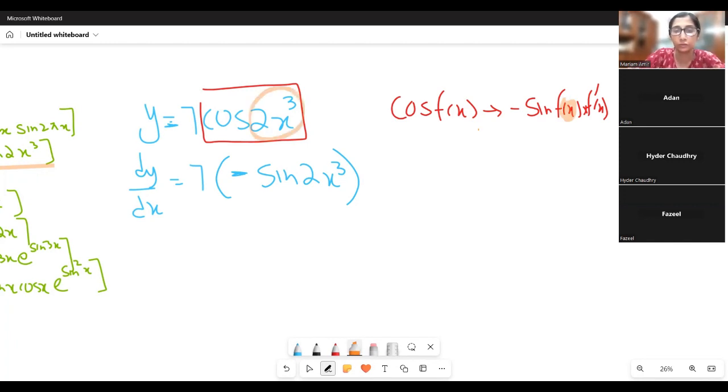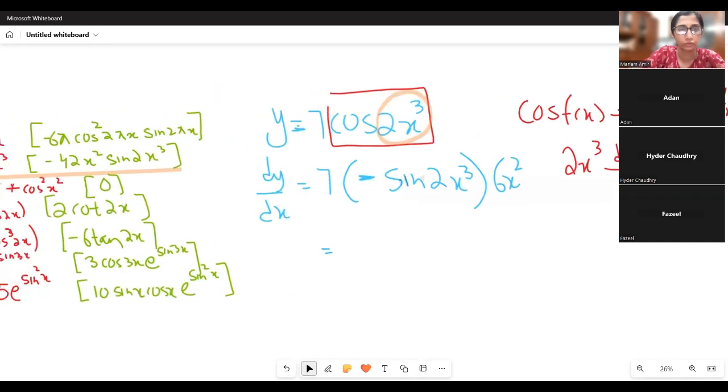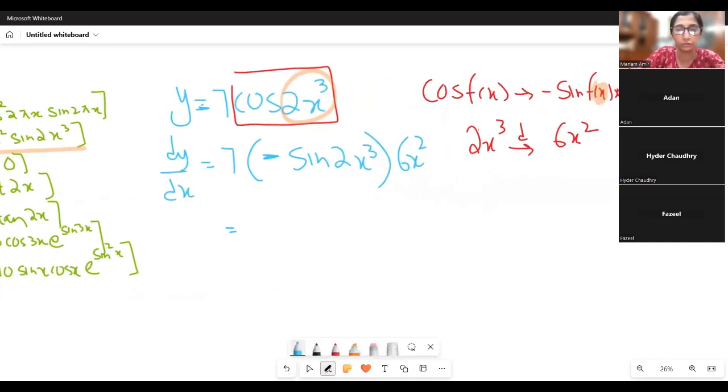So we have to derivate 2x cube. What's the derivative of 2x cube? It's going to be 6x squared. We multiply that with 6x squared. So we get minus 42 sine 2x cube.